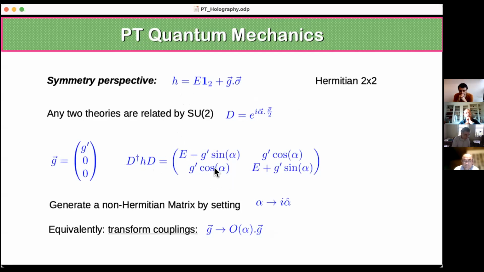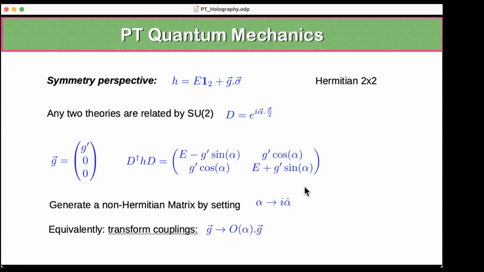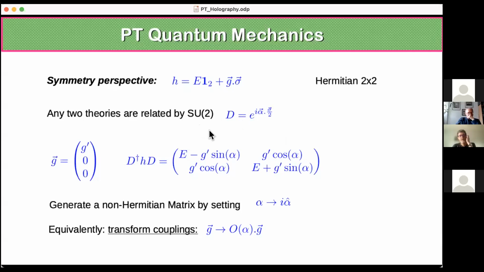Both Hamiltonians, the original one with G prime and the rotated one, have the same spectrum. So one way to generate these PT Hamiltonians is to take this transformation matrix and analytically continue it: take the parameter of the rotation and make it imaginary, and then generate the non-Hermitian Hamiltonian.